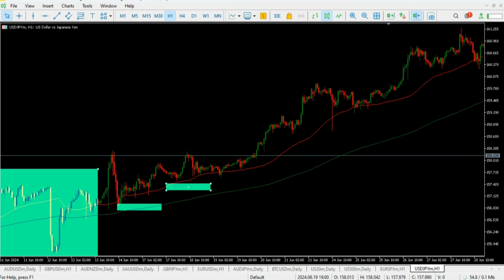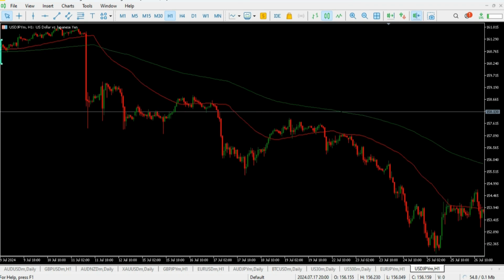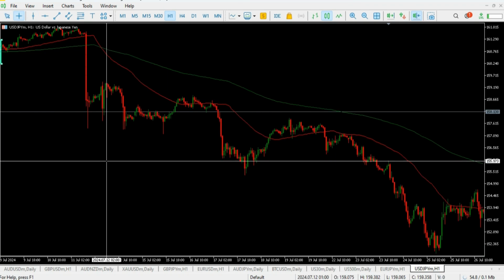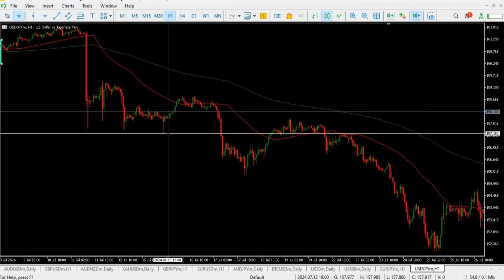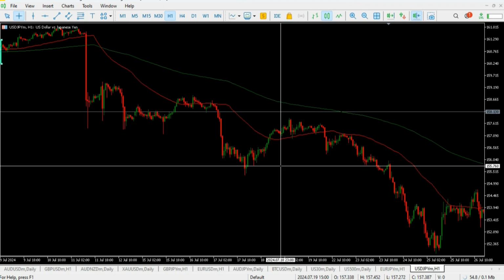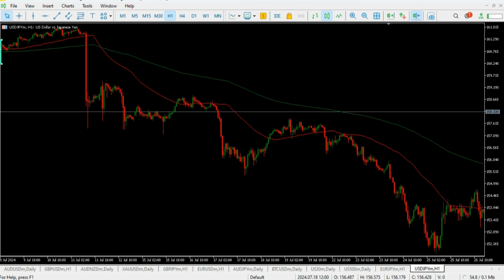Pullback 1, pullback 2, pullback 3, pullback 4, 5, 6, and so on. Let's continue. This is very clear over here. Price was trending bearish. This is a very established downtrend, creating pullbacks, but none of them was touching the 200 exponential moving average, implying there is volume in the market.